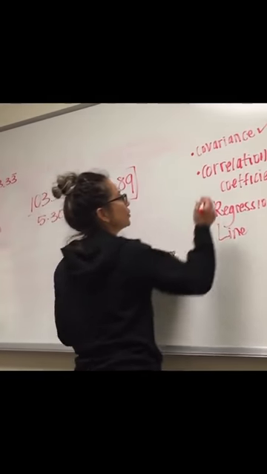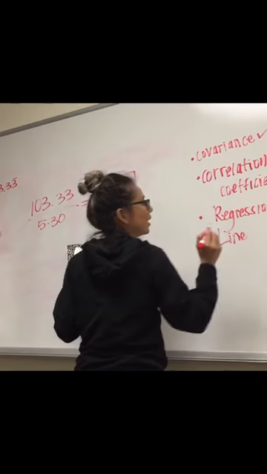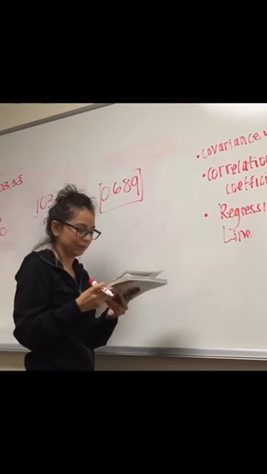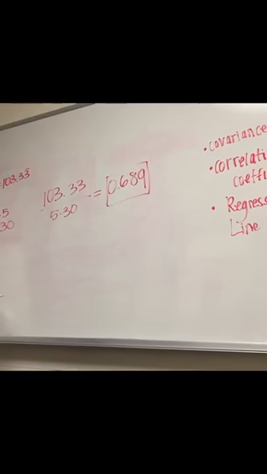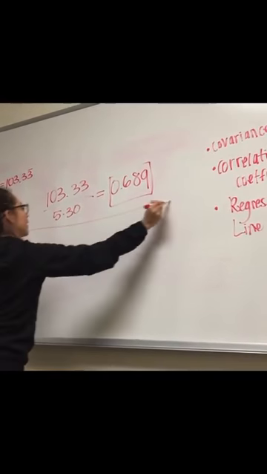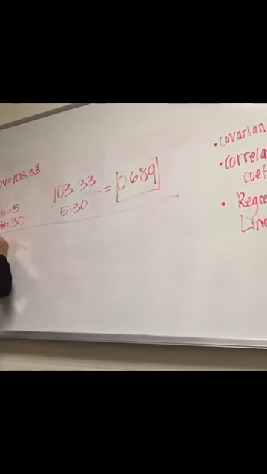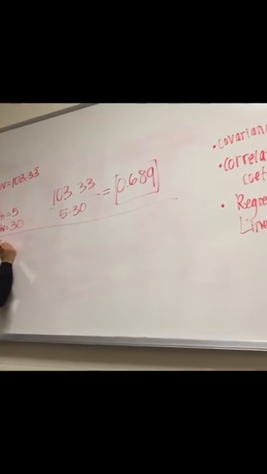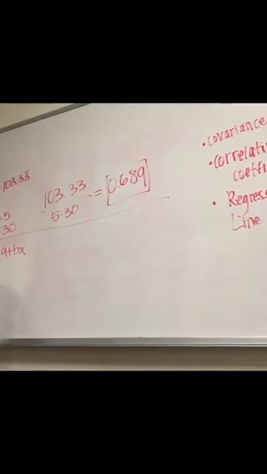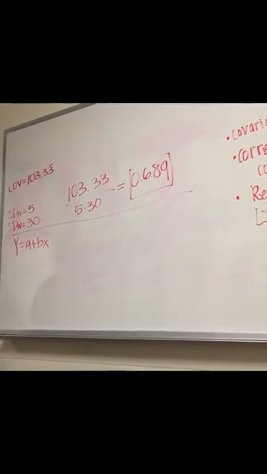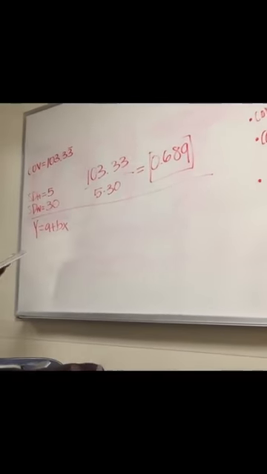So we found the correlation coefficient, and now we need to find the regression line. To find the regression line, we need a formula, nothing new to us, which is y equals a plus bx. Perfect.